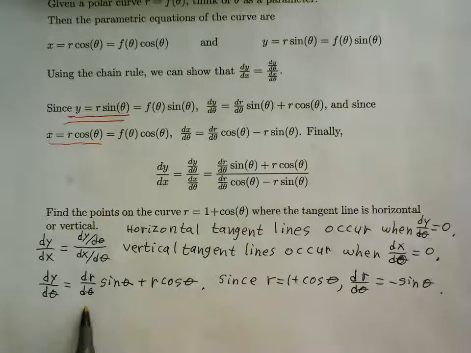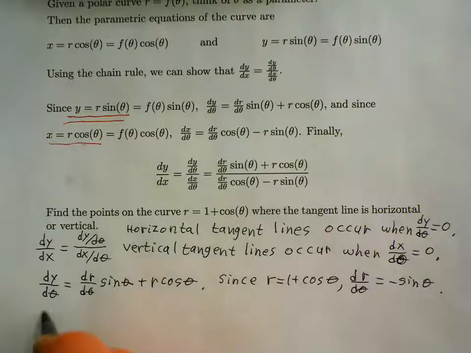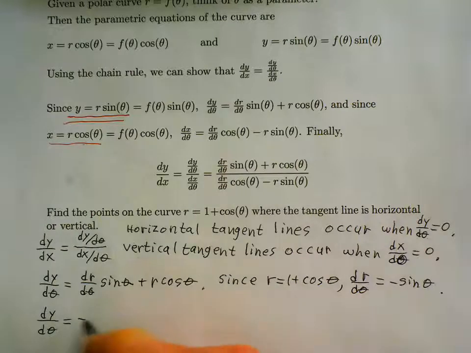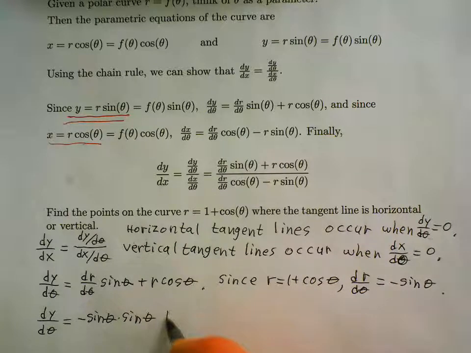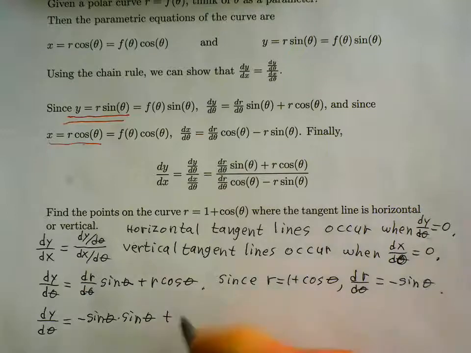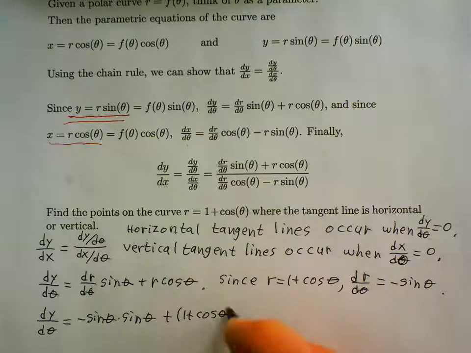And then by substitution, we replace dr d theta with negative sine theta. So we get negative sine theta times sine theta. We're going to replace r with 1 plus cosine of theta. So we get the quantity 1 plus cosine of theta times cosine of theta.